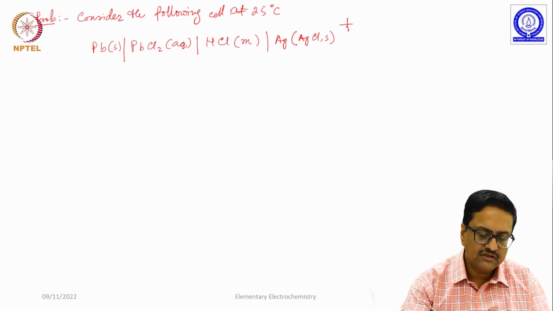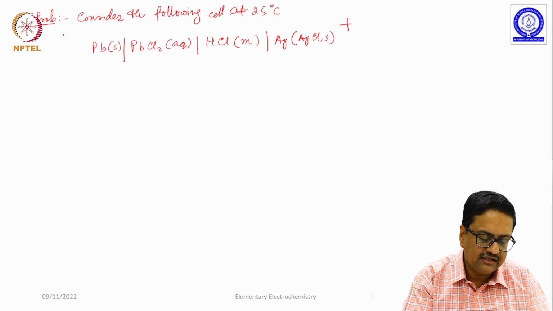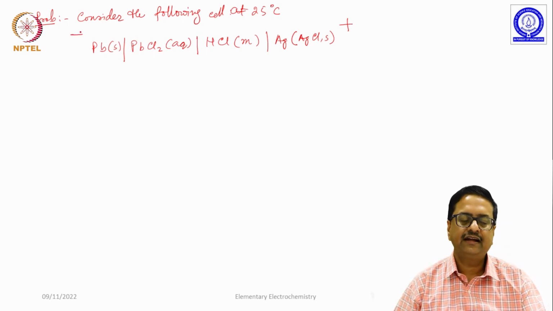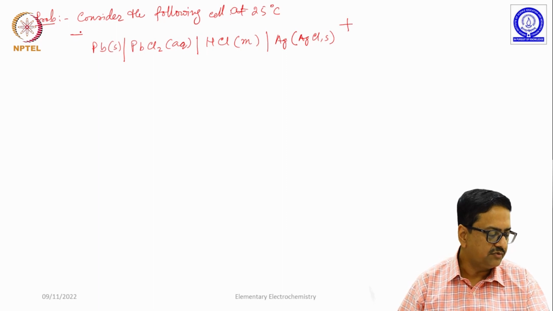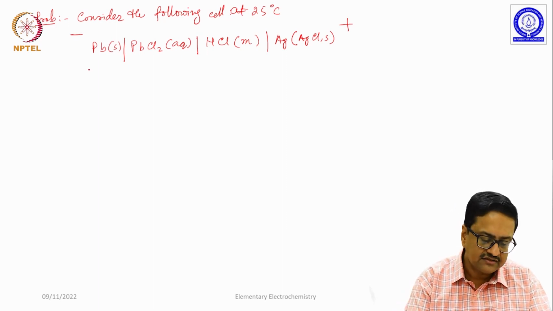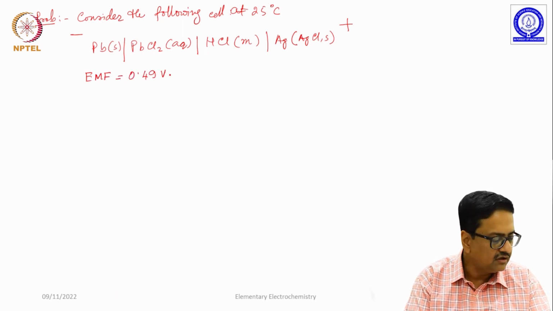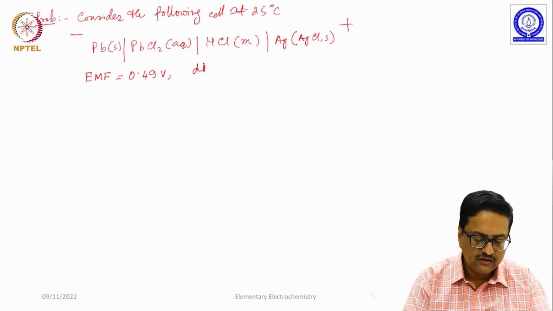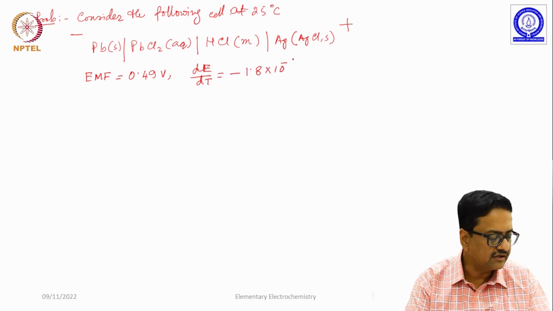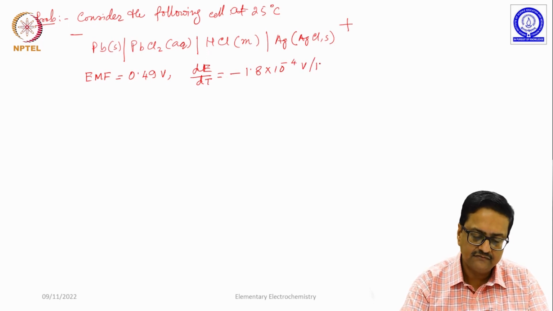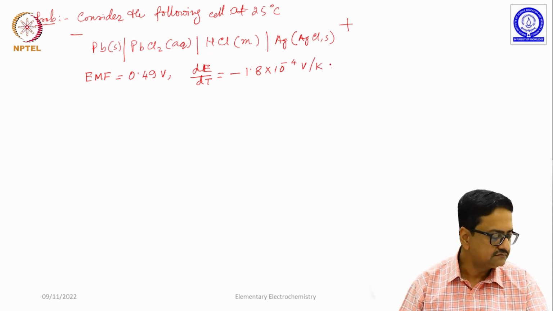Of course, when the cell is written like that, the left side is negative and the right side is positive, and it is given that EMF is 0.49 volt and dE/dT is equal to minus 1.8 into 10 to the power minus 4 volts per Kelvin, right.